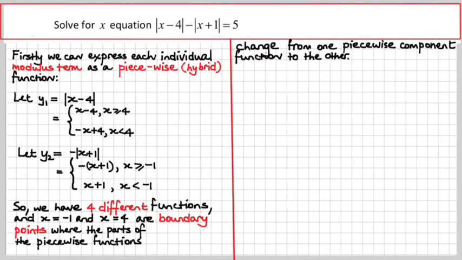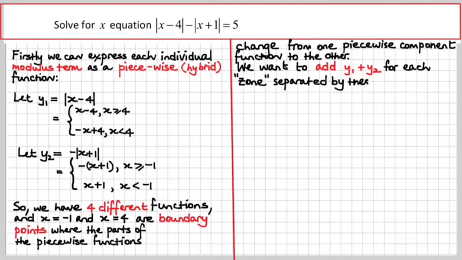So guys, we've got 4 different functions here. And x is minus 1 and x is 4 are the boundary points, or if you like, boundary lines, where the parts of the piecewise functions change from one component function to the other. They divide the whole xy Cartesian plane up into zones, battle zones, where we're doing battle with these hybrid beasts to work them out.